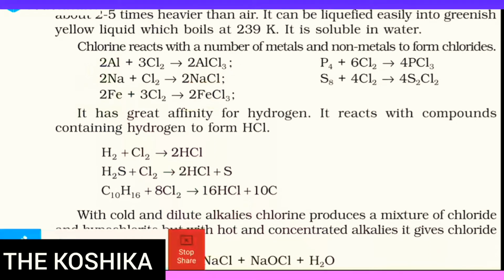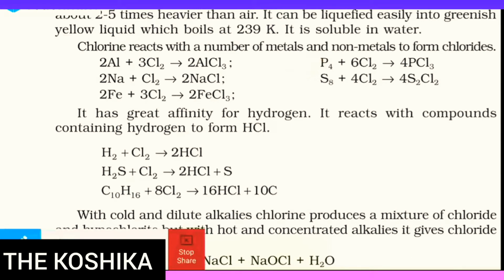Then non-metals, phosphorus and sulfur. When they react with chlorine, they also form chlorides. You can see P4 plus 6Cl2 gives 4PCl3, phosphorus trichloride. Phosphorus has the ability to form pentachloride also, but trichloride is more stable than the pentachloride.